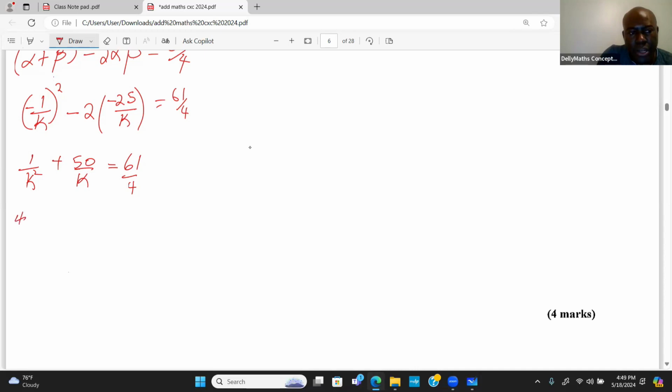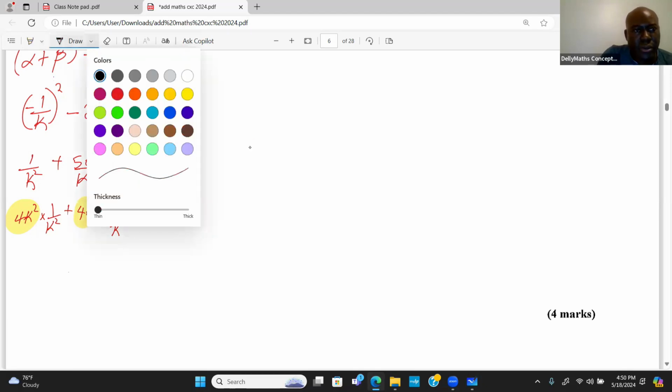We multiply this by 4k squared, plus 4k squared times the 50 over k, and that is going to equal 4k squared times the 61 over 4. Basically I'm multiplying throughout by 4k squared in an effort to do canceling where necessary.